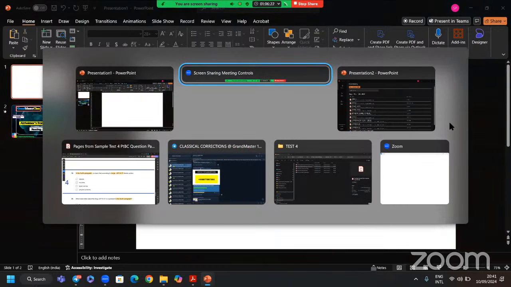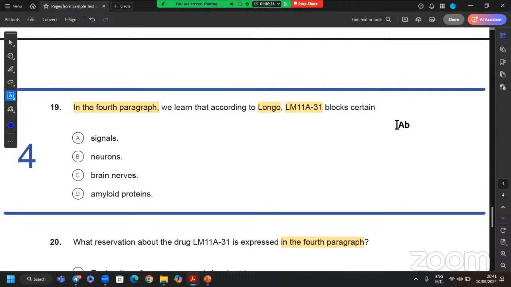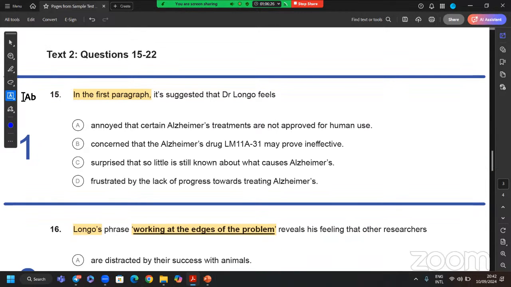Right. This is going to be the first question now. So the first question is the 15th question. Yes, here it is.